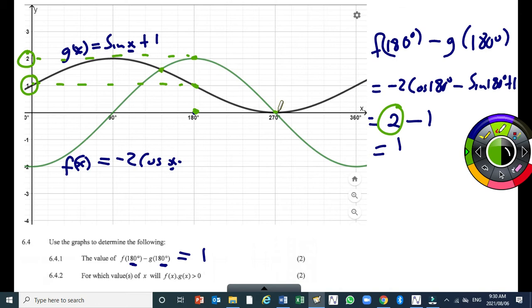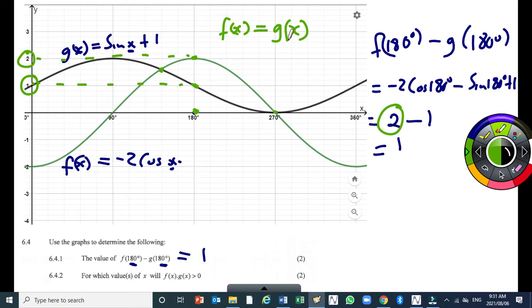Okay? The two graphs will be equivalent to each other. At this point here, in function notation, we say f of x is equal to g of x at those 2 points of intersection. The graphs are equal at those 2 points of intersection.